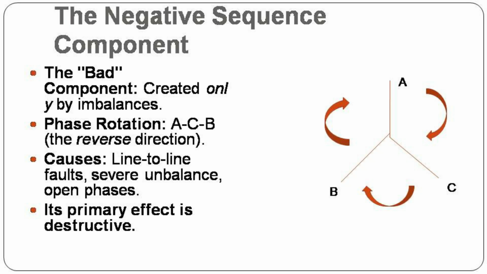It is created when something goes wrong, for example a line-to-line fault where two phases touch, or a severe load imbalance. It's what we call the symptom of a problem. But its presence isn't just a symptom, it's actually harmful. Why is that? Because of its effect on the workhorse of our system, the rotating machinery.